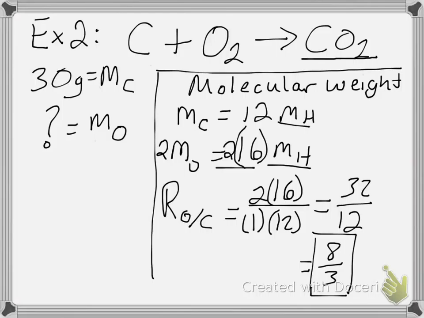And so M sub O, well, if I have 30 here, then how much do I need? Well, I need to multiply this by 10, since 3 times 10 is 30, therefore 8 times 10 is 80. So I need 80 grams of oxygen for my mass, and that will completely react with 30 grams of carbon.